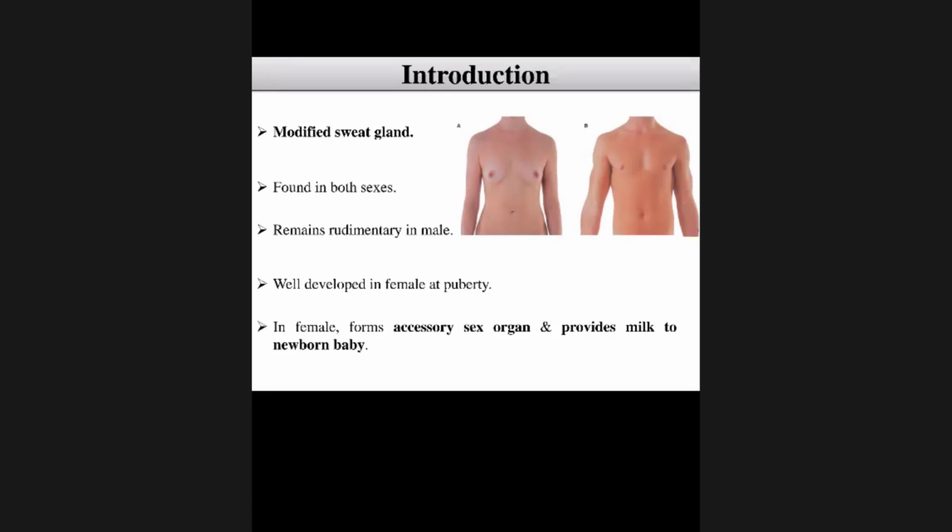Even in female it is rudimentary before puberty, but at puberty it is well developed. So in case of female, this mammary gland or breast forms the accessory sex organ and it provides milk to the newborn baby.